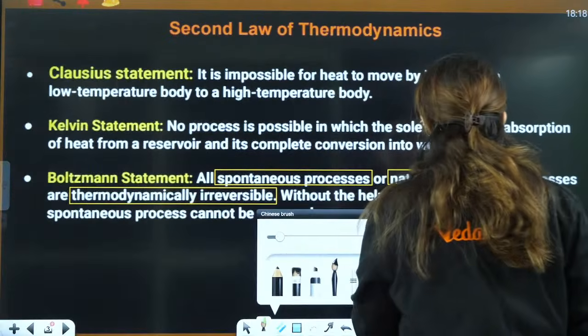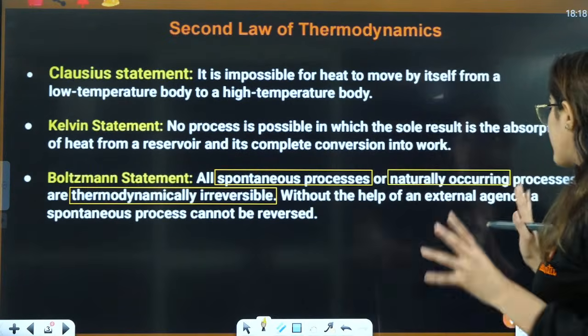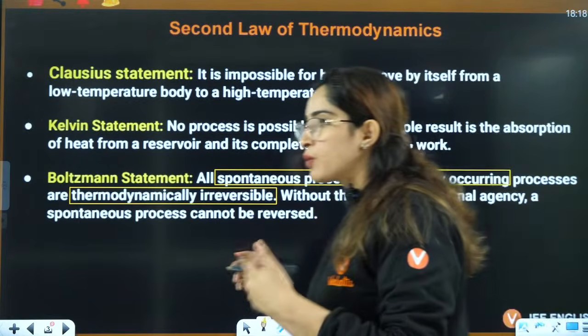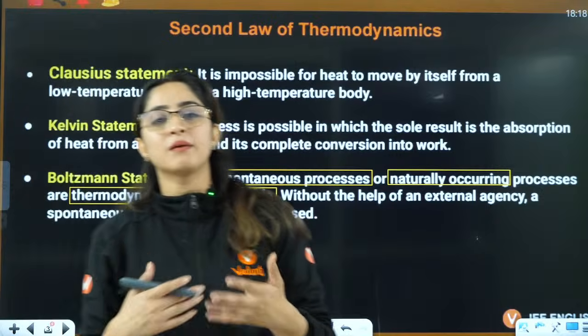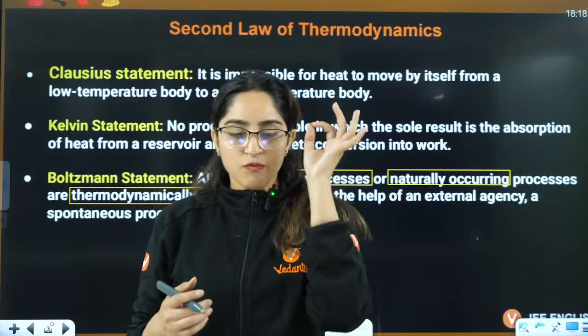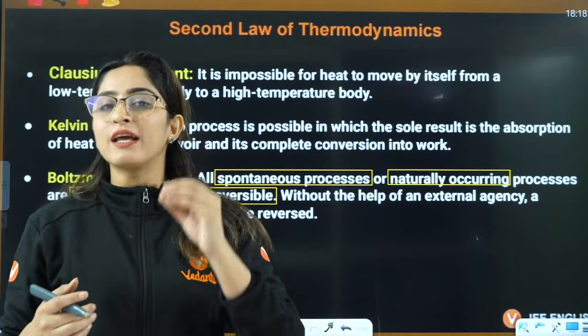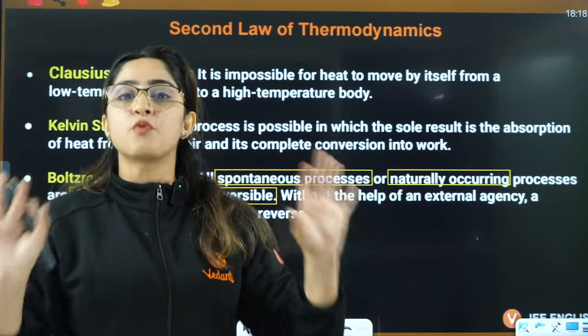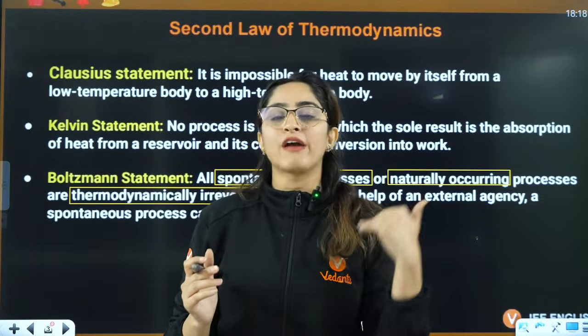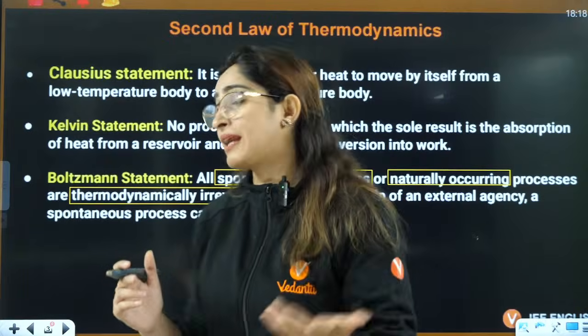Without the help of an external agency, a spontaneous process cannot be reversed. A process that is happening by itself cannot be reversed. That means all naturally occurring spontaneous processes are irreversible. They will not go back in the opposite direction without the use of any external agency.